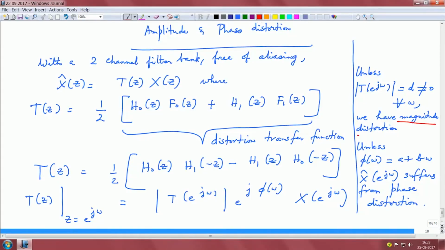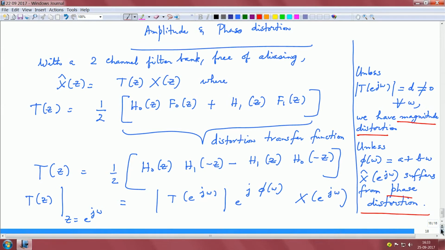That means the delay at the output would be different for different frequencies, that is the physical meaning of phase distortion. So, different frequency components will arrive at different times at your output if you have a phase distortion, and it is important to eliminate this. So, these are two major points.